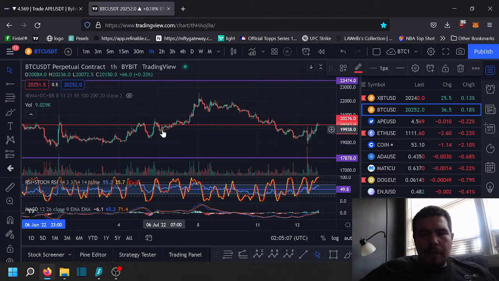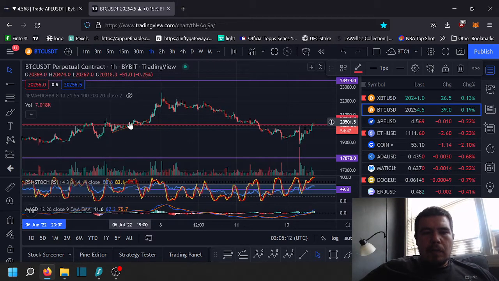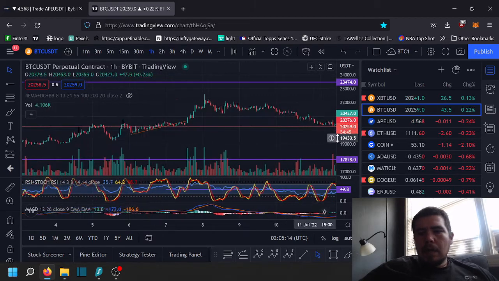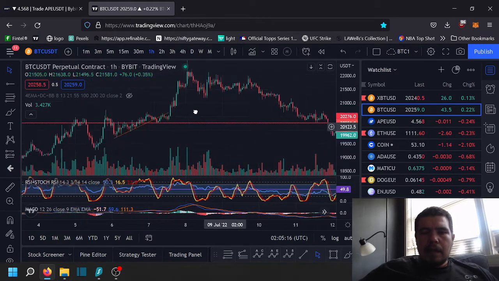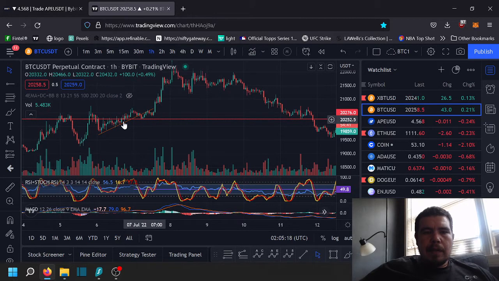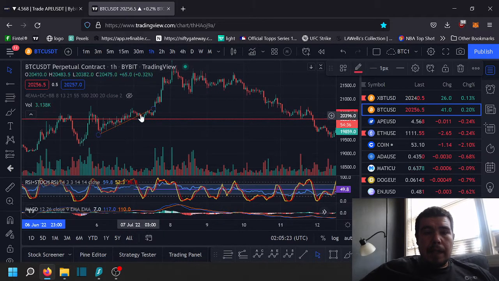20,200. So once we broke above 20,200, we came back down and we retested our support, right? And how do we know this is our support line back then?